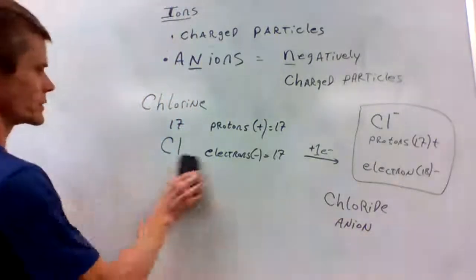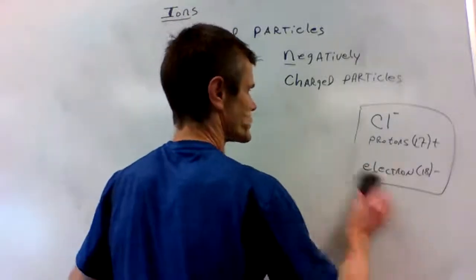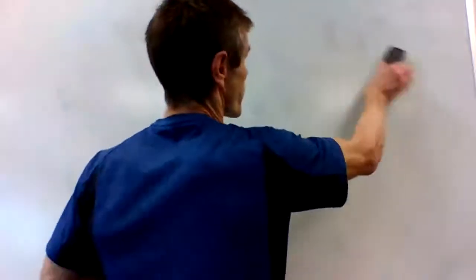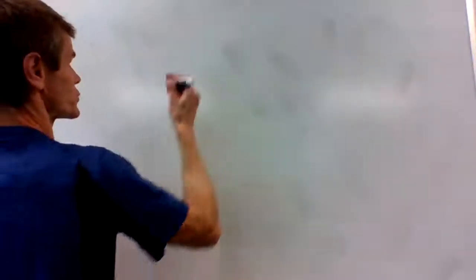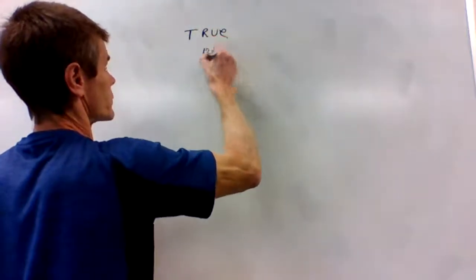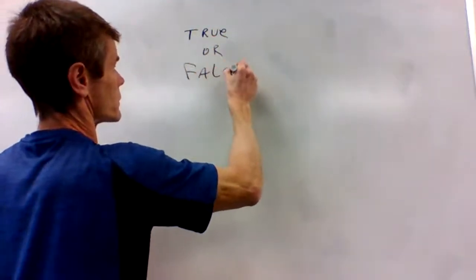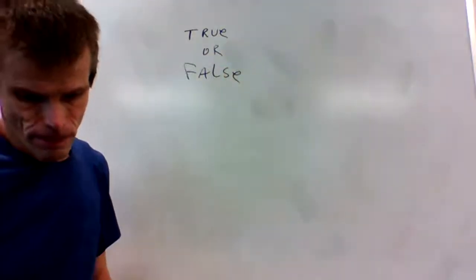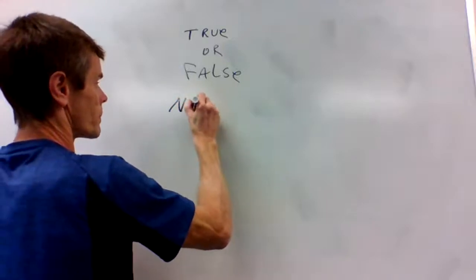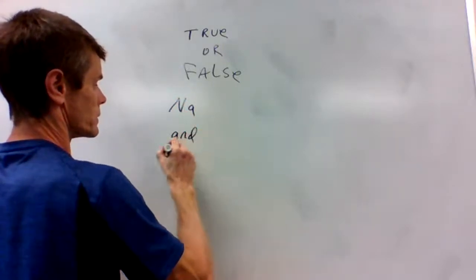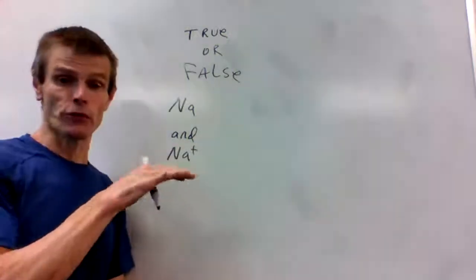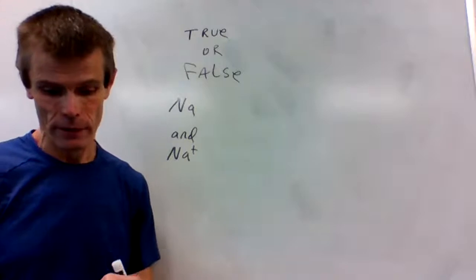Let's think about another question. This is a good one. Let's write this one down. True or false? We can see this as an exam question. Let's think sodium. Na is sodium, and Na positive is the sodium cation that was formed by the loss of an electron.